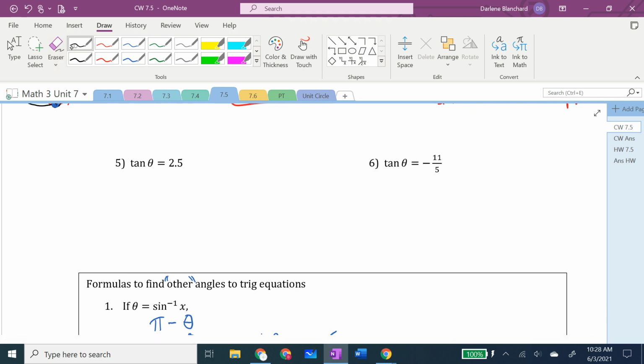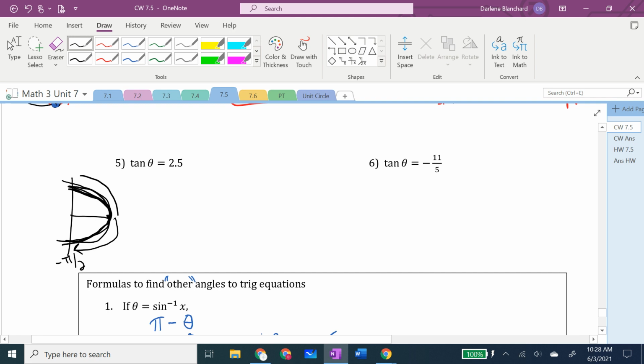All right, now inverse tangent will only give me an answer from negative pi over 2 to positive pi over 2.